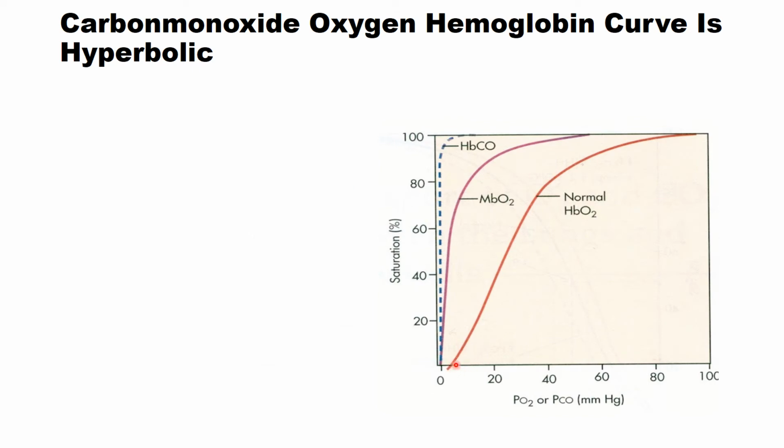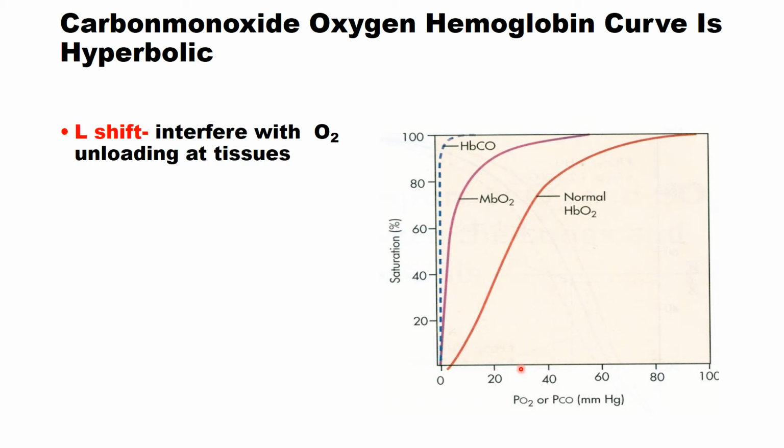And when looking into this graph, we can see this is a normal oxygen hemoglobin dissociation curve, which is sigmoid in nature, and P50 corresponds to a partial pressure of 27 millimeters of mercury.